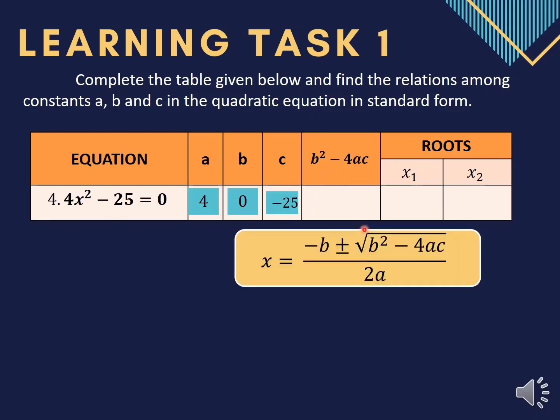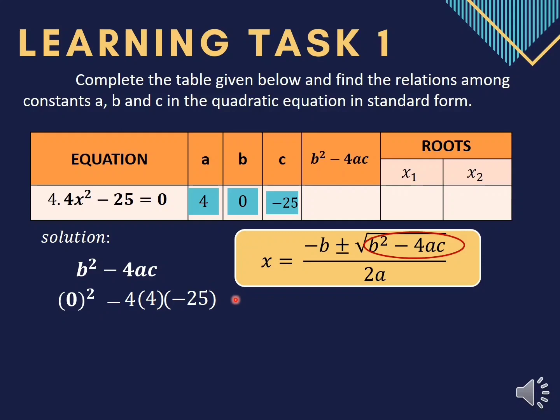Now, for the value of b squared minus 4ac, let us substitute. The value of b is 0. 0 squared minus 4 times, this time a is 4 and c is negative 25. Now, simplify 0 minus 4 times 4. 4 times 4 is positive 16, times negative 25.